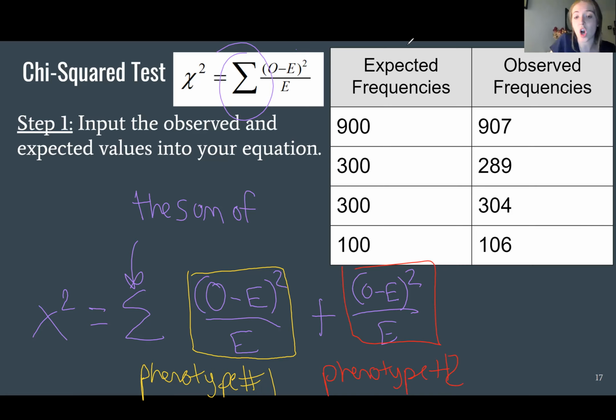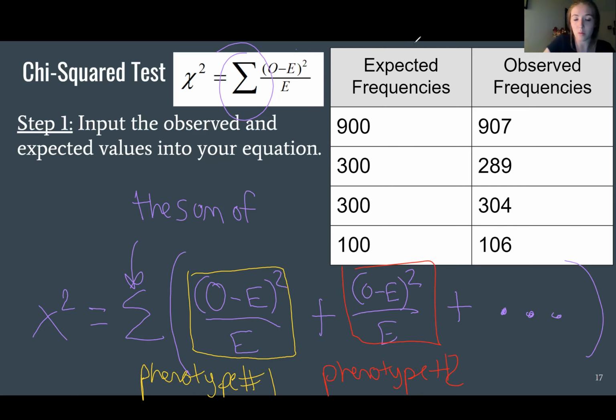And you're going to do that for all of the following phenotypes, however many expected or observed phenotypes you have. So you put a little dot, dot, dot here. This is saying that you're going to take the sum of all of those equations put together.